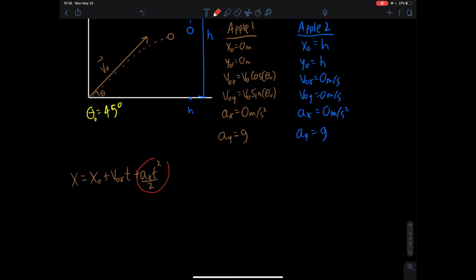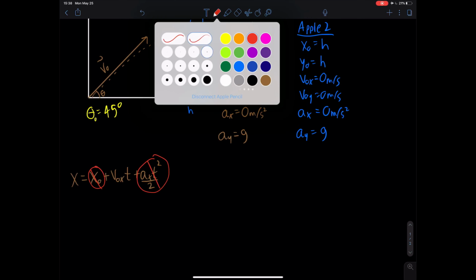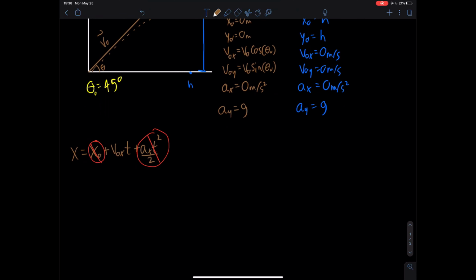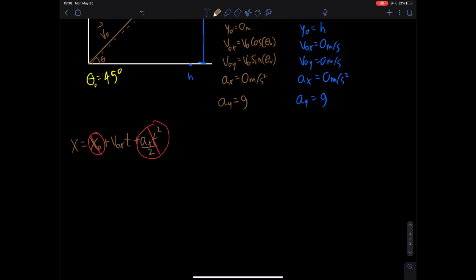Our acceleration in the x was 0, so that whole term goes away. And our initial position in the x, we started at the origin, so that's going to be 0. And so those two terms cancel out, and now we have the expression x equals v naught x times t. So if we solve for t here, we get t equals x over v naught x.